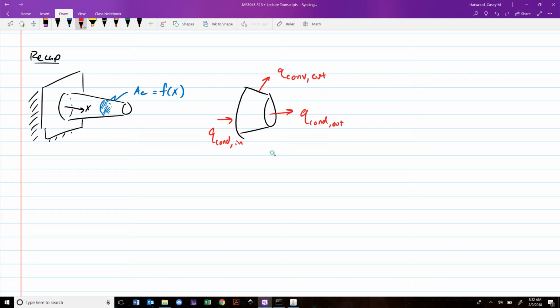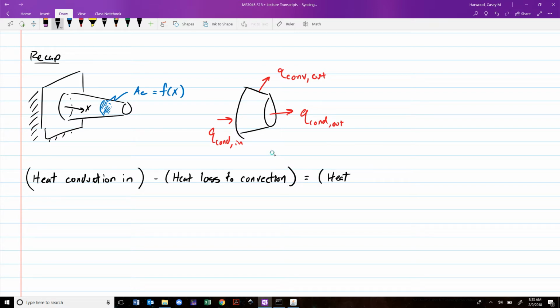Applying conservation of energy to this little plug of material, in words: heat conduction in minus heat loss to convection is what gives us the heat conduction out.